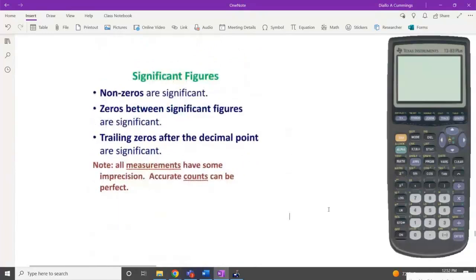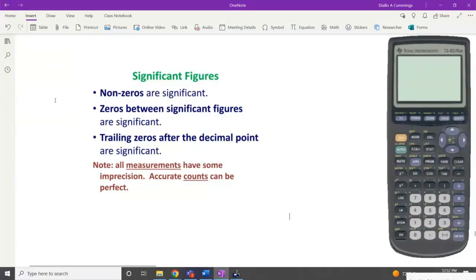All right. So the first thing we want to take a look at is what are called significant figures or significant digits. A significant digit follows just three rules, and they have something to do with zeros. Any number like 1 through 9, that's considered to be significant.